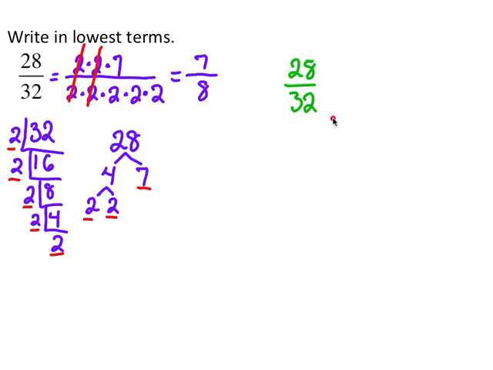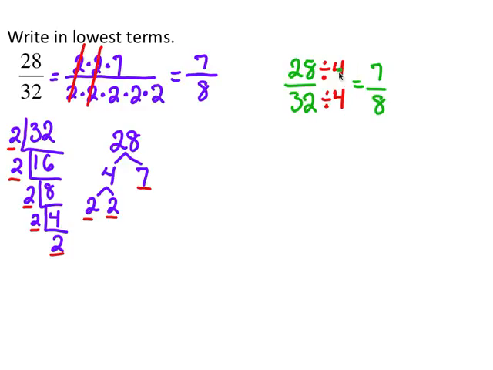So maybe you look at 28 and 32 and say, well, 4 divides into both of those numbers evenly. So then you would divide both the top and the bottom of your fraction by 4. Okay, so when we do that, 28 divided by 4 is 7. 32 divided by 4 is 8. And we've got our fraction, just like before.